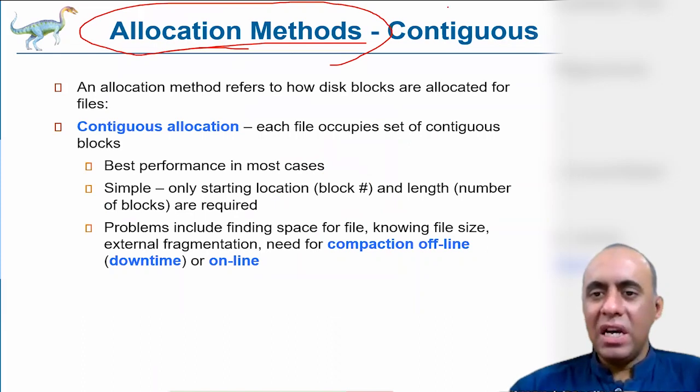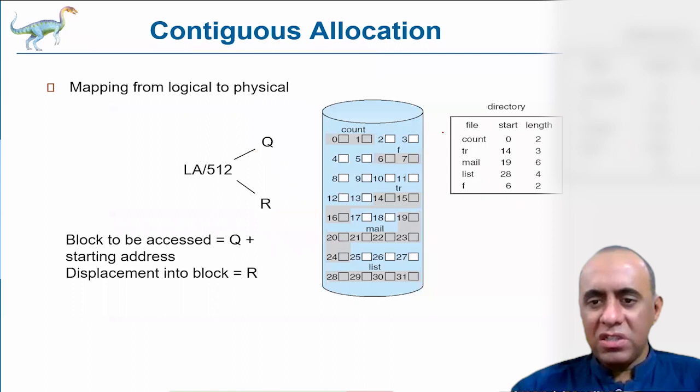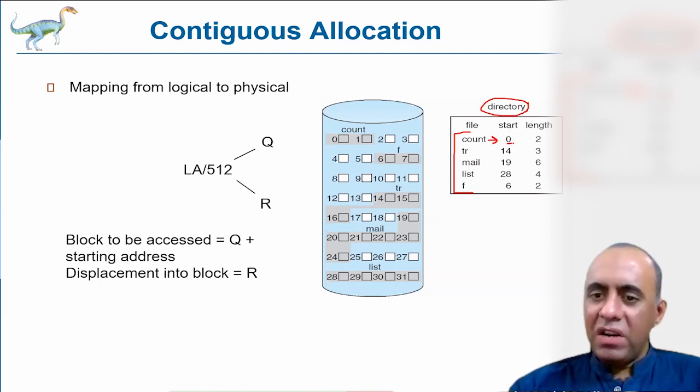The first method is contiguous allocation, best described with this picture. Here you can see that the directory contains these 5 files. First file is count, then tr, mail, list, and f. For each of these files, we are storing the starting block number and the length of that file.